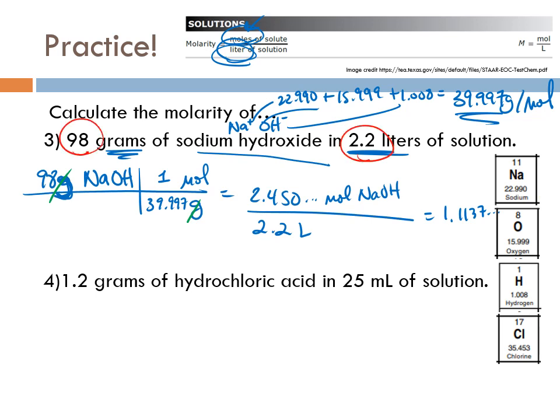I get to keep 2 sig figs in my final answer. 1, 2. That 1 leaves that 1, a 1, and my final answer is 1.1 big M for molar. You get to do this one on your own in Edpuzzle, not Nearpod, Edpuzzle. Turn your grams into moles, and be careful, you have milliliters here. You need liters.